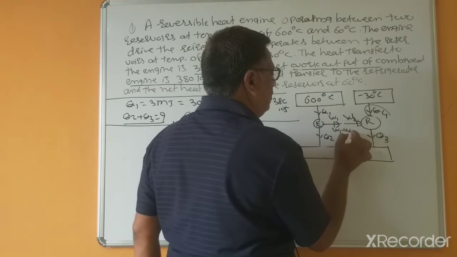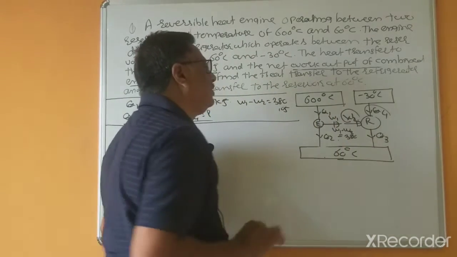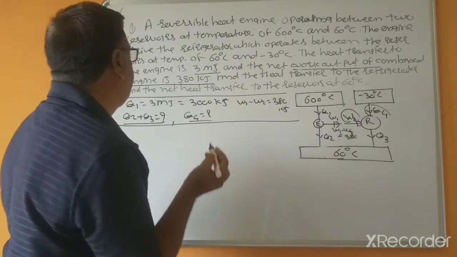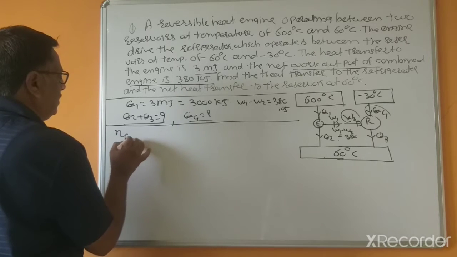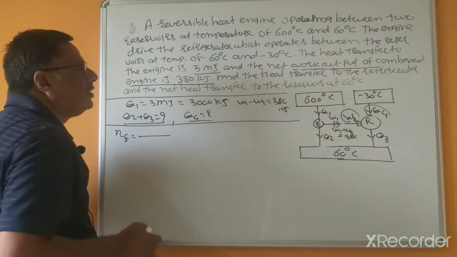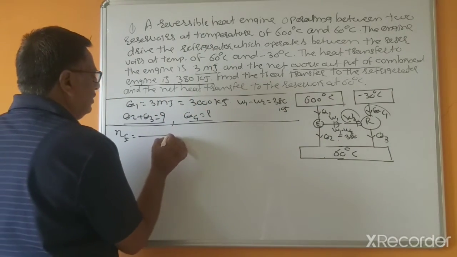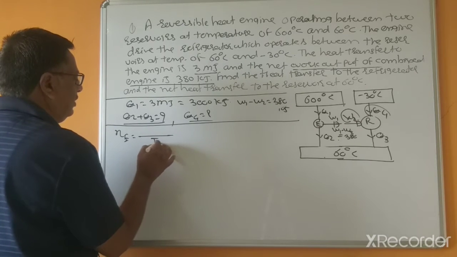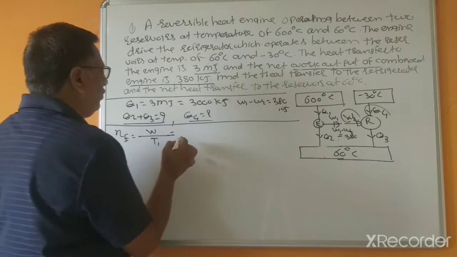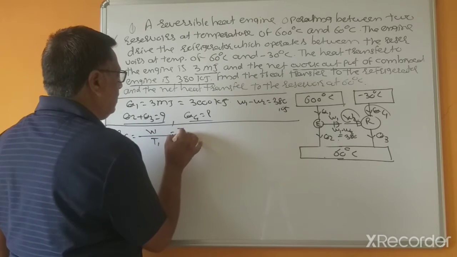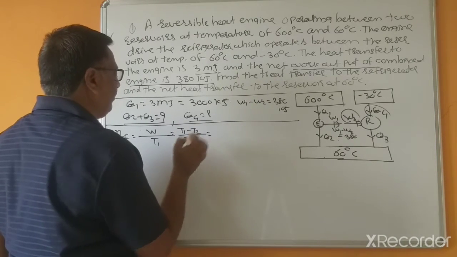W1 minus W2 equal to 380 is given, and W2 is different, not equal to W1. The efficiency equals the work output over the input, or we can use the formula T1 minus T2 divided by T1.